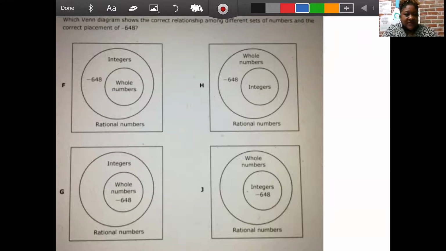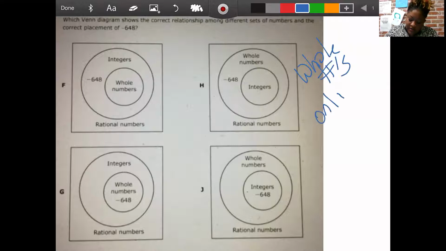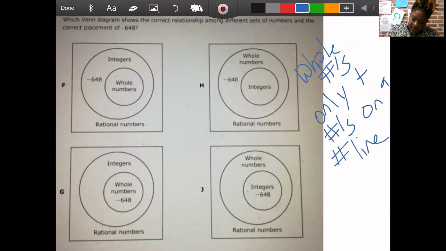Which Venn diagram shows the correct relationship among different sets of numbers and the correct placement of negative 648? So remember what I said. Whole numbers are only the positive numbers on a number line, but include 0. Okay?